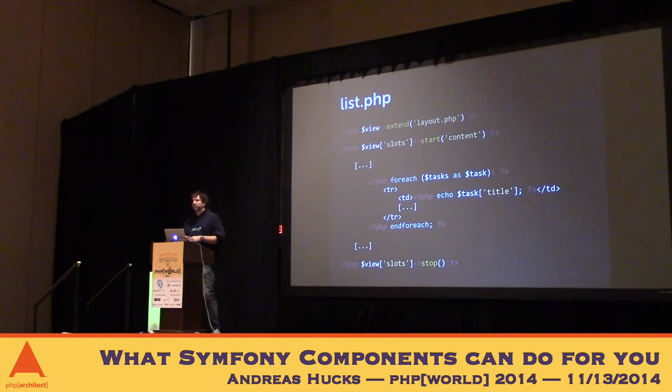And with the slots, it's very similar. In a template that extends, in this case, the layout, you can either use a slot as it is, or override it, or add new slots. So in this way, you're able to assemble blocks of templates with the main content and so forth.